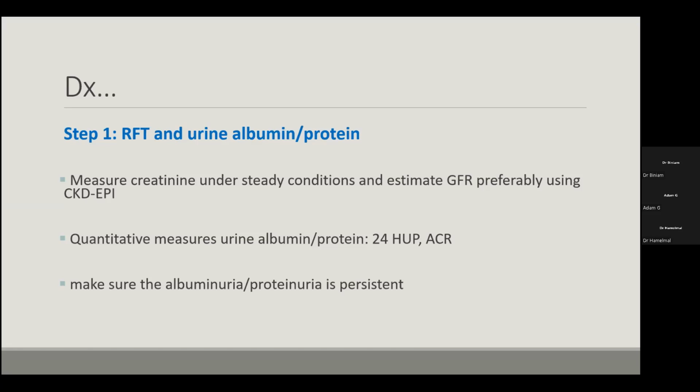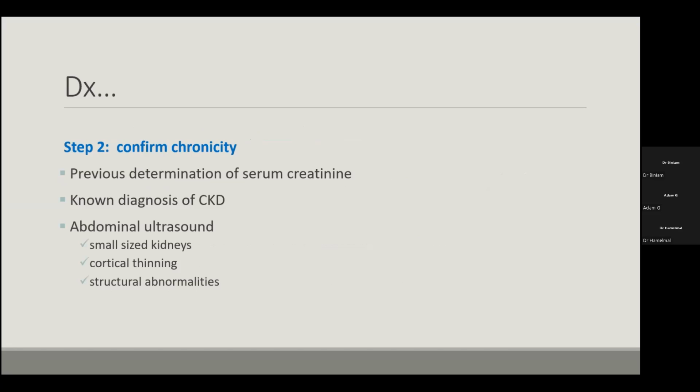Orthostatic proteinuria has also been reported. So make sure proteinuria is persistent before staging. So step 1 is to do renal function test and urine albumin or protein, quantify the protein and make sure it's persistent. Step 2 is confirming chronicity.